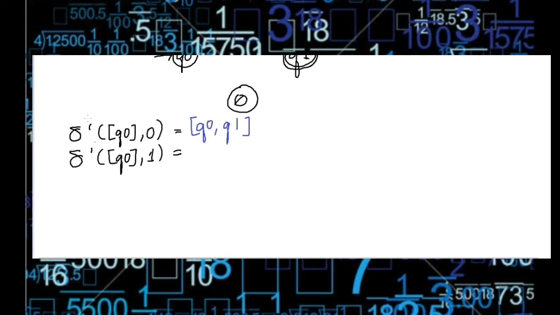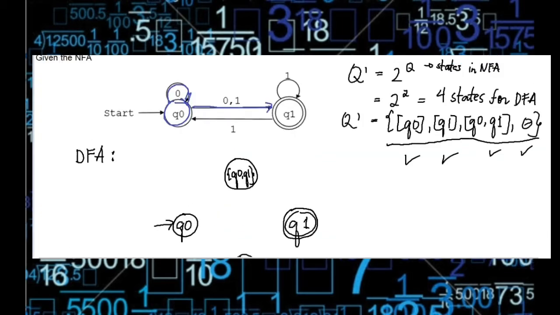Then, for this delta prime of Q0, you input 1. Where can you go? From Q0, you input 1, so you go to Q1.